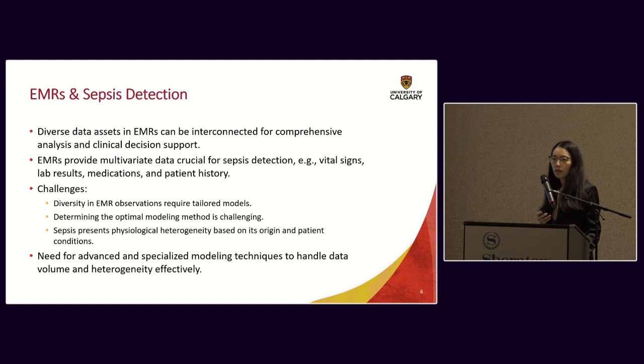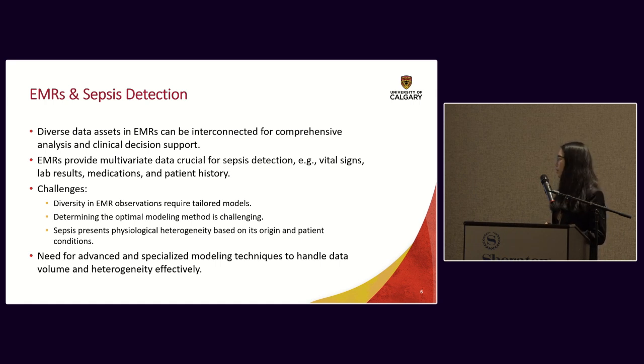However, there are a lot of challenges. First, and the most important one, regarding the data types in EMRs, we have a lot of different types of variables. We also have very comprehensive data in EMR. So that means it requires a tailored modeling approach in order to use the vast amount of data efficiently.